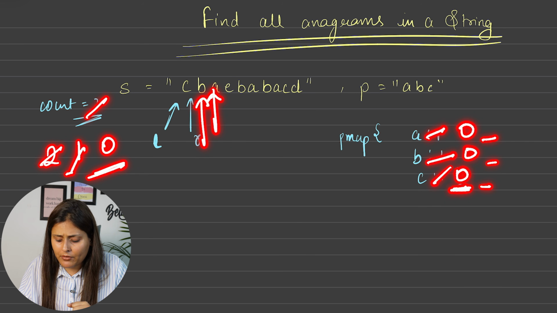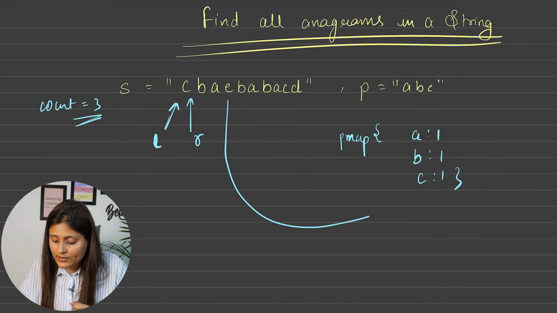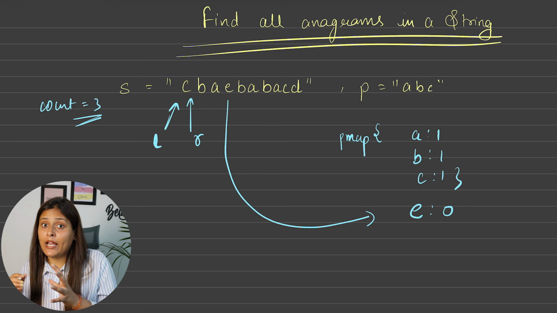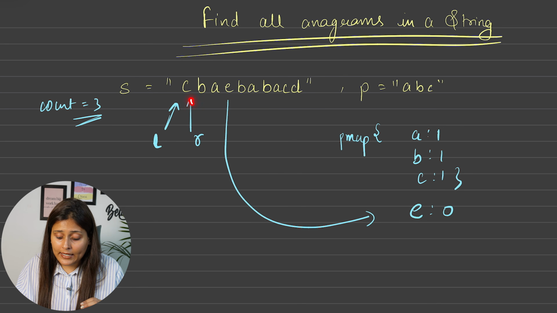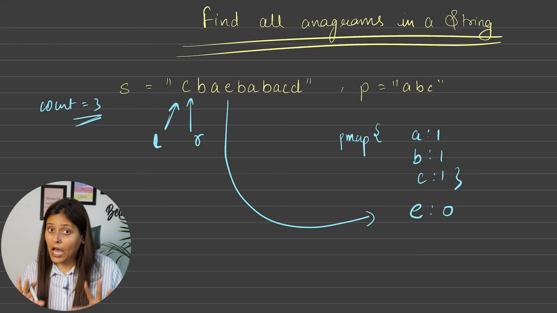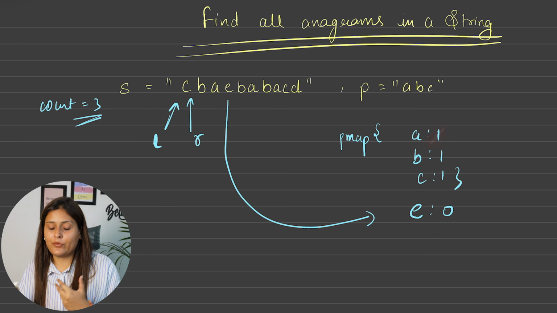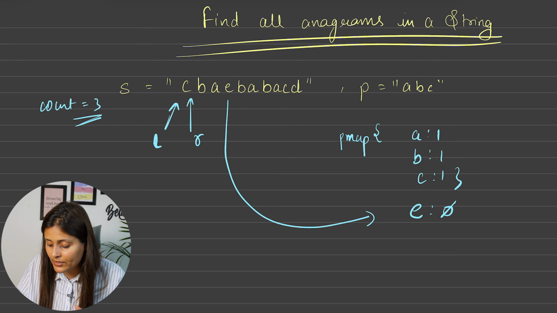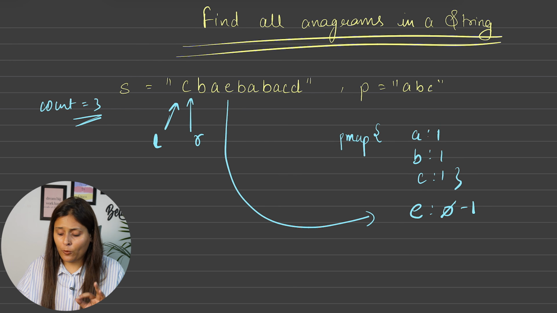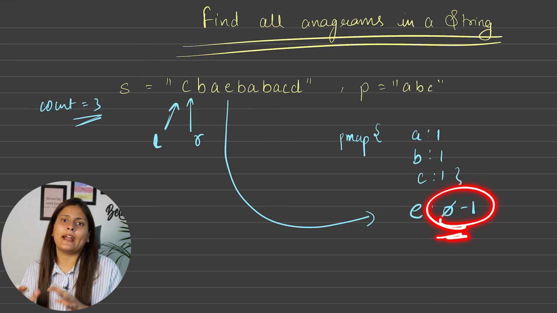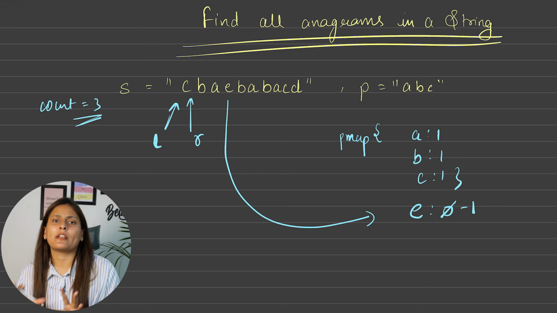Yes, and whenever we encounter any such character which is not even there, what we will do is add it in the map, initialize it with 0, and as it has been encountered by R, simply decrease the frequency. So similarly it will decrease the frequency to -1, and anyhow if the frequency is negative, it means that it is not required.